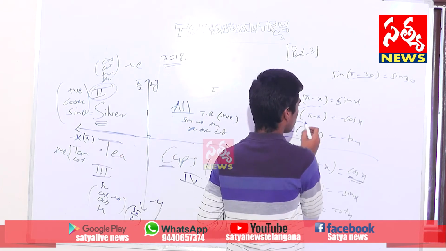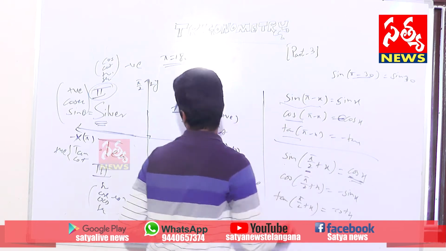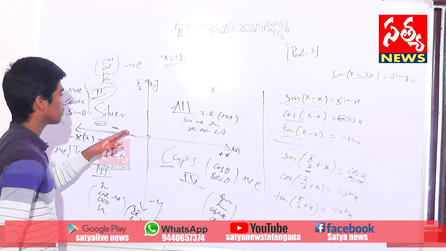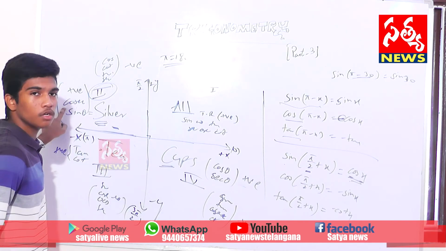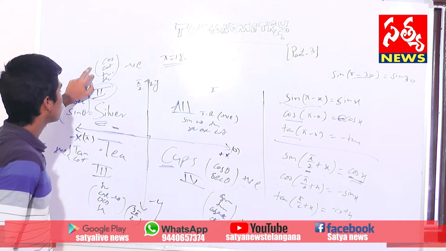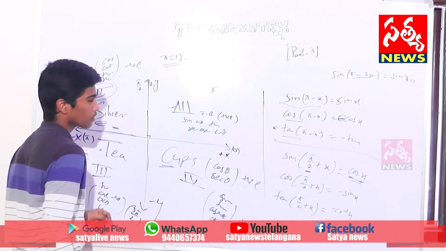And see the next one, cos pi minus x equals minus cos x, because pi minus x is in the second quadrant. In the second quadrant only sin and cosecant are positive, the rest 4 are negative. Cos is negative and same as tan is negative.